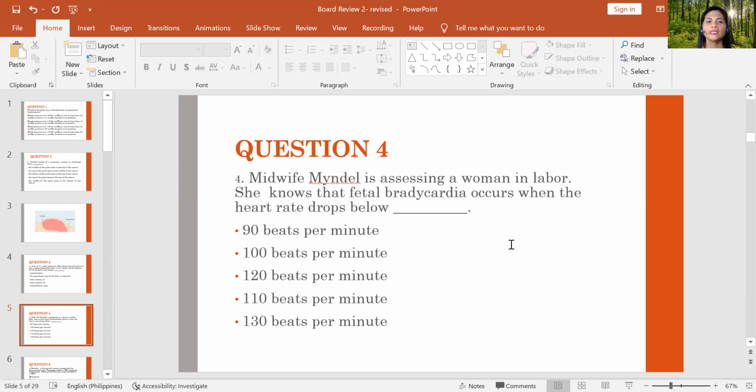So the normal fetal heart rate is between 120 to 160 beats per minute. So fetal tachycardia also is a heart rate above 160 beats per minute. So nagkakaroon na ng tachycardia if more than 160 beats per minute yung kanyang heart rate. Kapag below naman 120, 110, and etc., that is already fetal bradycardia.